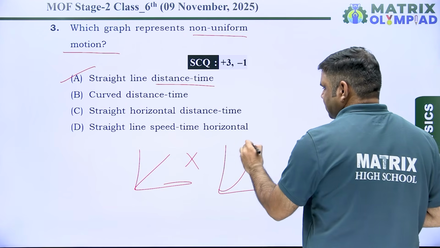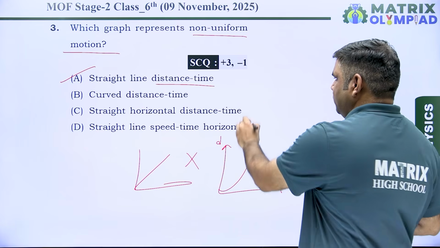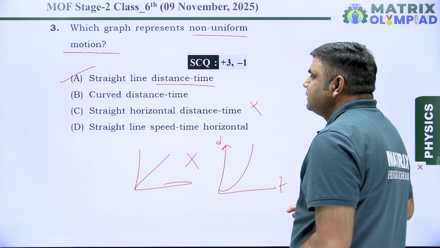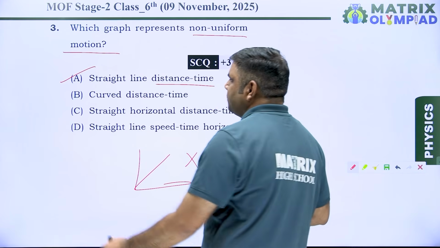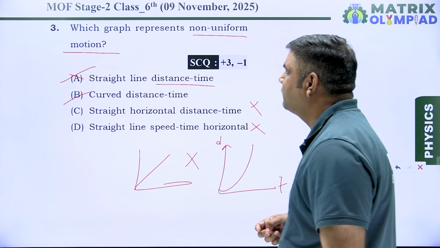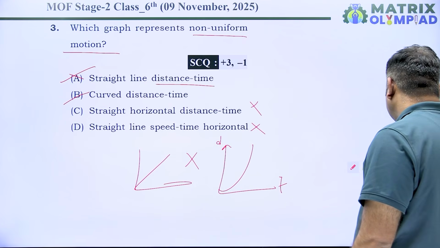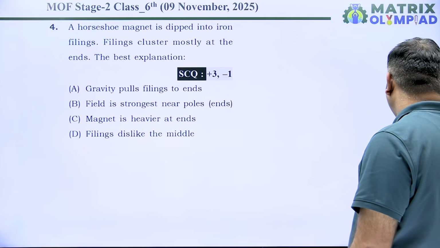Yes. Straight line. No. Straight line speed-time graph, horizontal. No. So our correct answer will be option B for question number 3. Let's move to the next question, that is question number 4.